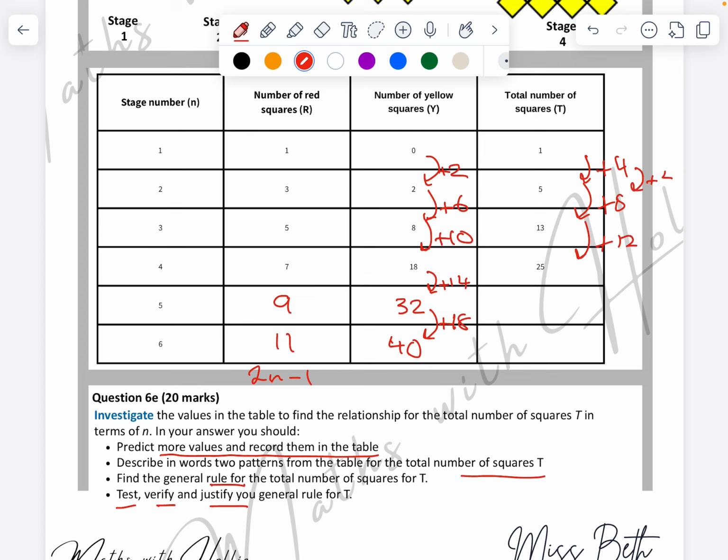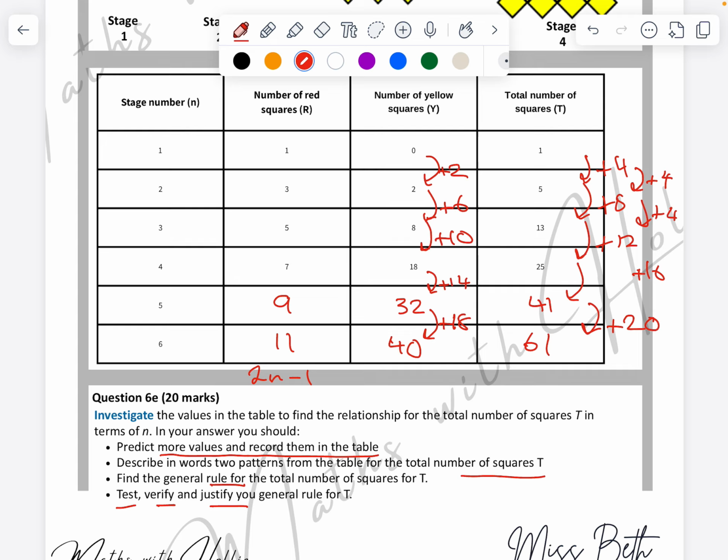So the second difference here is also plus 4, plus 4. So that means I need to add 16, which is going to give me 41. And I need to add 20, which will give you 61. Okay, so I've predicted more values in the table.